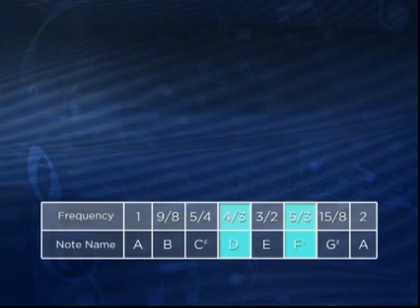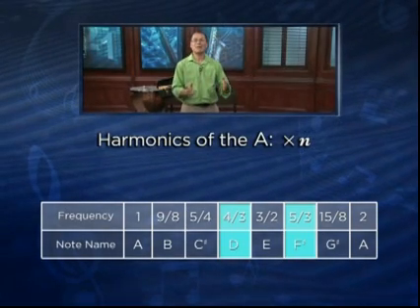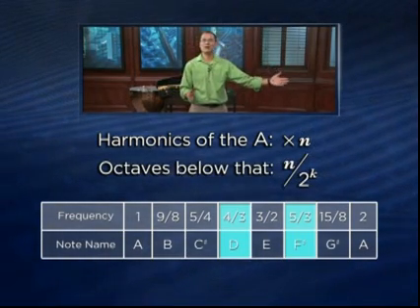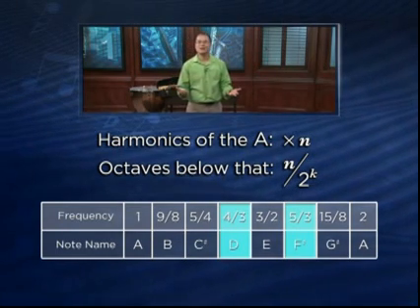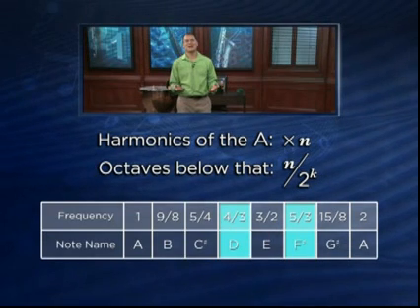When you look at the harmonics of an A, you're multiplying by n, right? We're repeatedly adding, and that's multiplying by n. And then the octaves below that, we're taking one of those and dividing by 2. That tells us that every note we get through this process has to have the form n divided by 2 to the k.